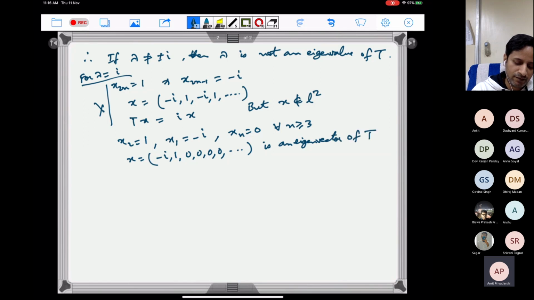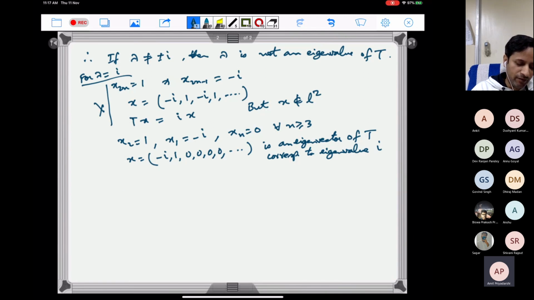of T corresponding to eigenvalue iota. And similarly, if I take lambda equal to minus iota, then you can take again x2 equal to 1. In that case, x1 will be iota.